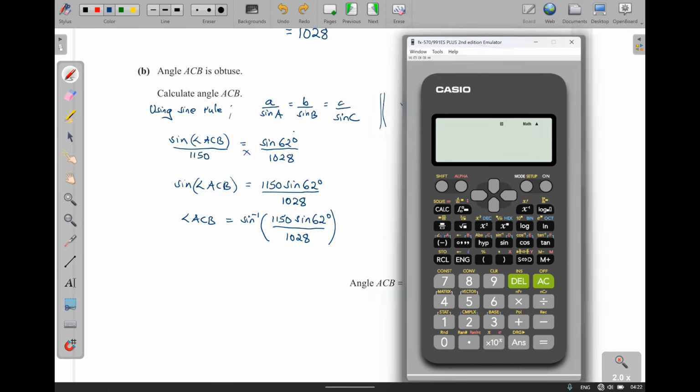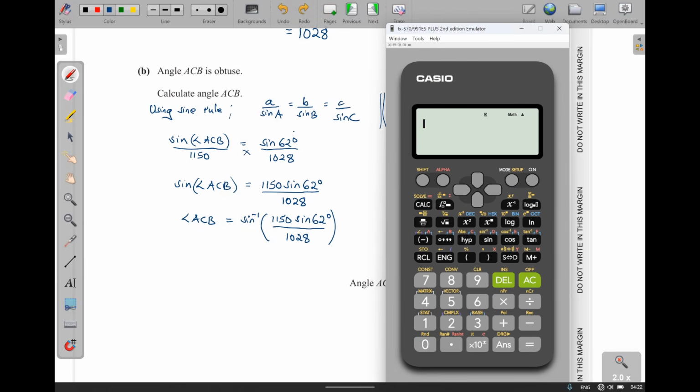So we are going to put arc sine, so shift, then sine. Then we have 1150 sine of 62. You need to first check the mode of your calculator. It has to be in degrees. Okay, 1028. Then press equals.